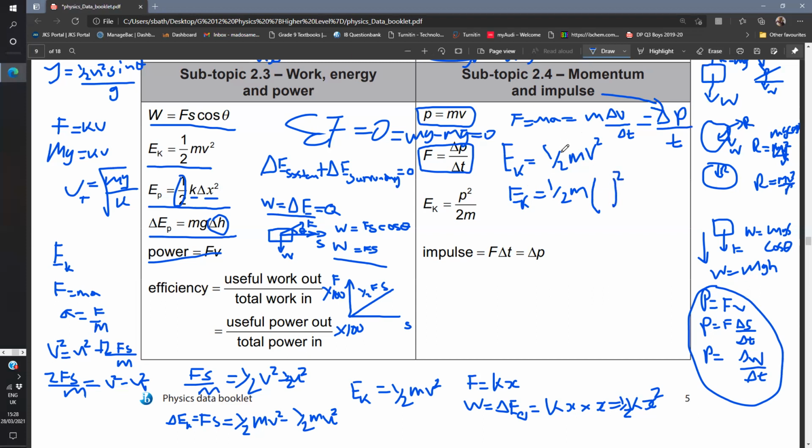Squared, we have p over m, which is equal to half p squared over m. And that's basically this. The two goes down.